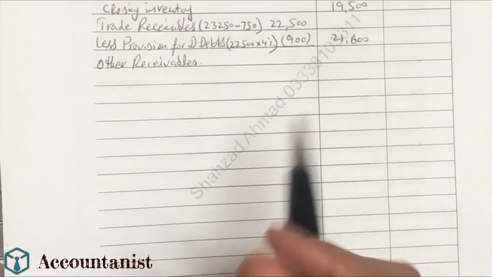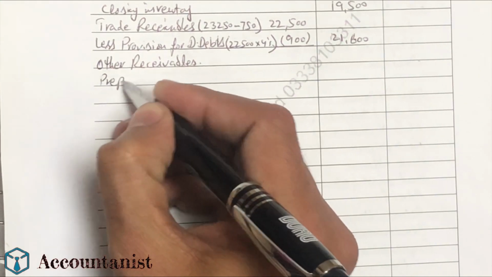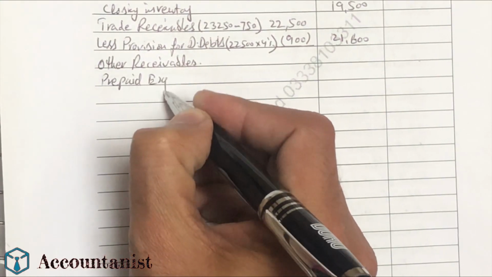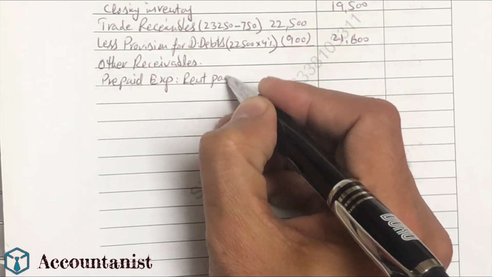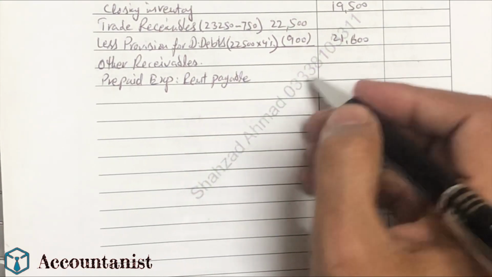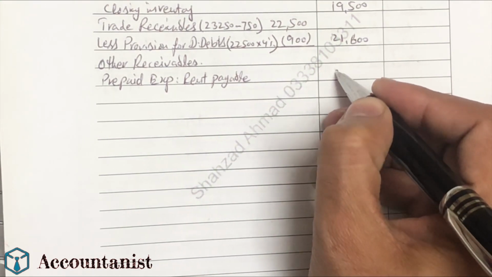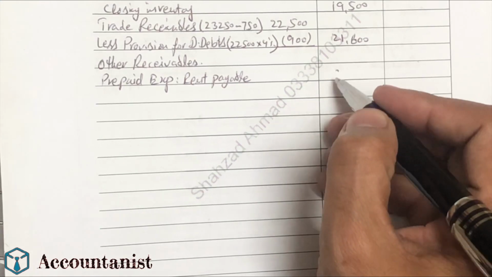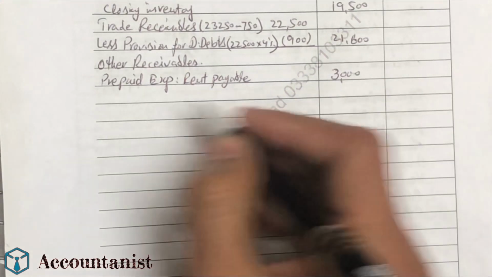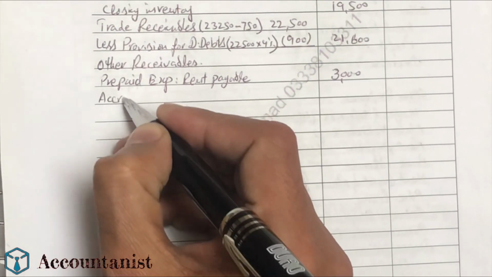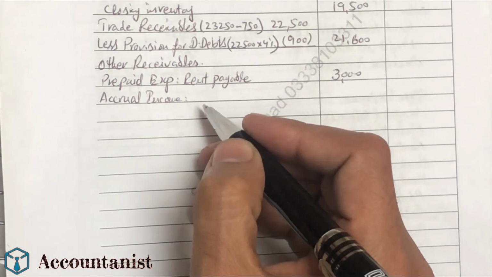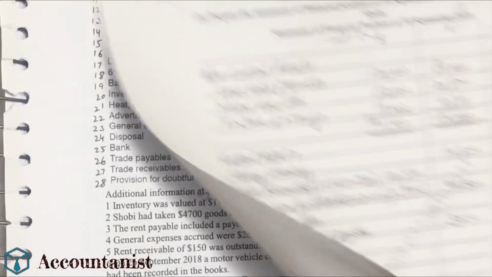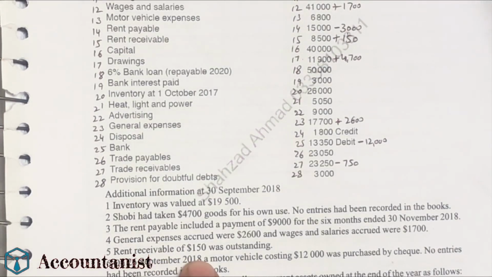So we have to write it down here, the prepaid expenses, and that was rent payable 1, and that was 3,000, and accrual income, and this was, if you can see here, the rent receivable outstanding.